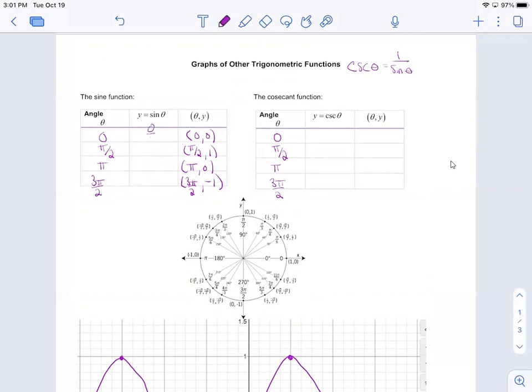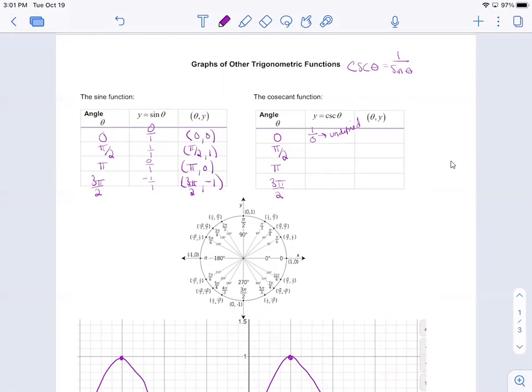So this is 0 over 1, this is 1 over 1, 0 over 1, and this was -1 over 1. Every number is over 1. Now, if you flip that 0 over 1, you have 1 over 0, which hopefully you remember is undefined. You cannot divide by 0.